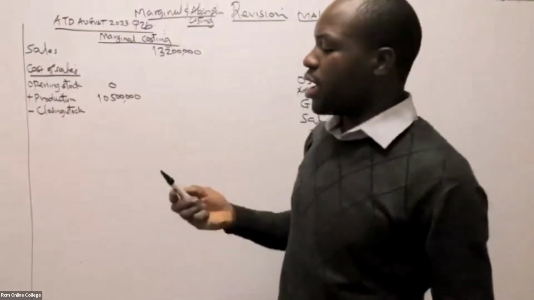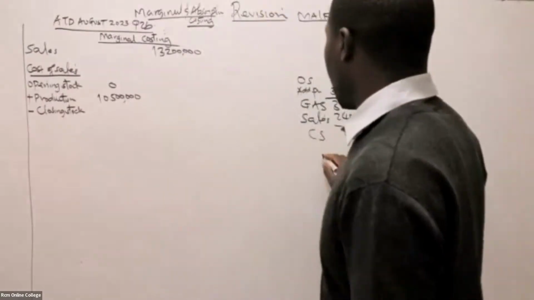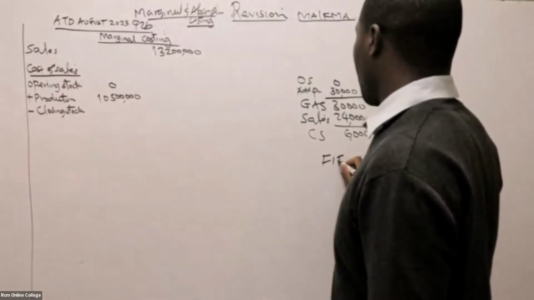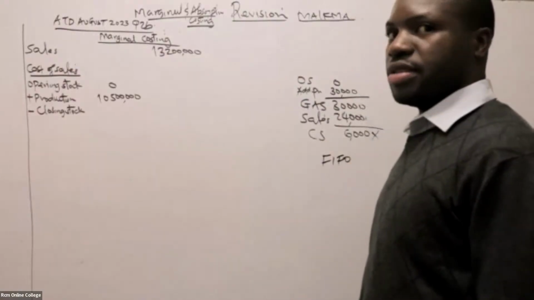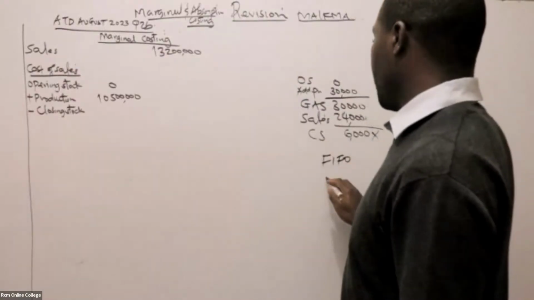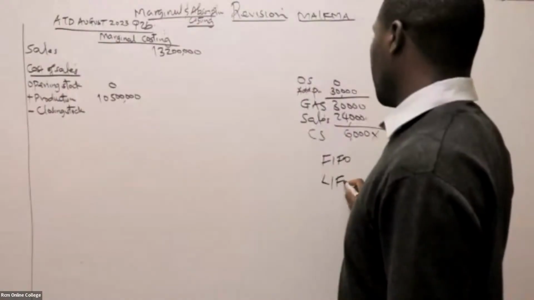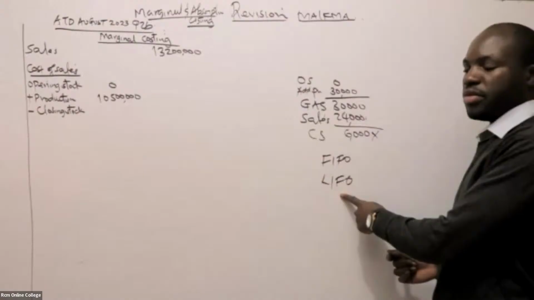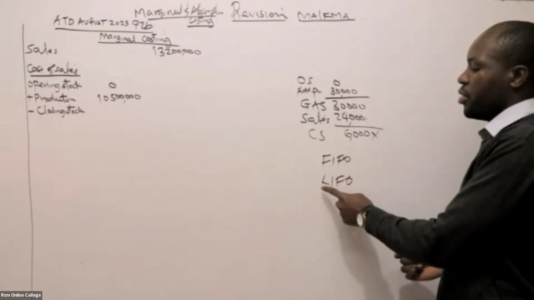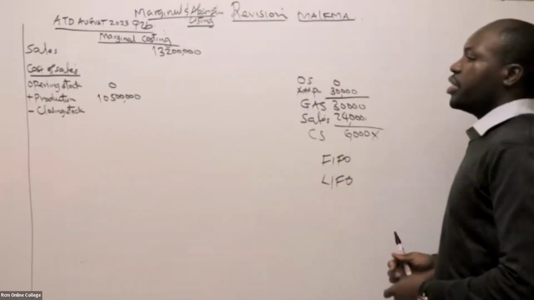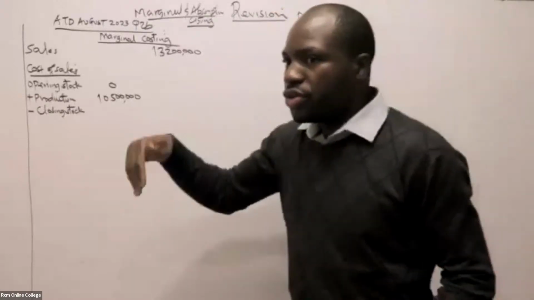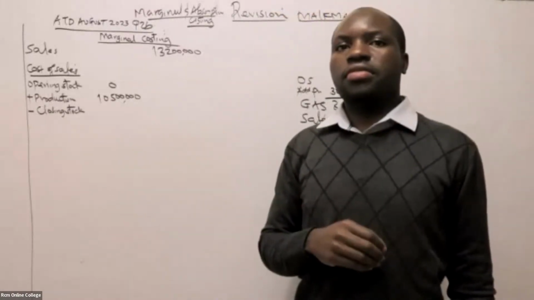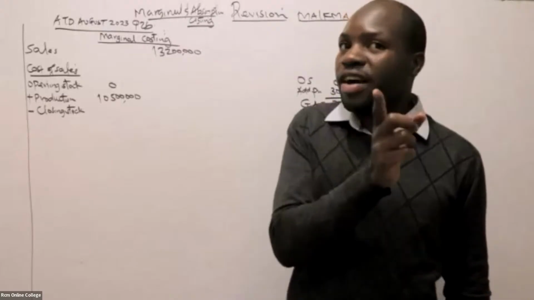Then they tell you somewhere under additional information that the company is using the FIFO method. Or they try to complicate things a little bit and tell you the company is using what we call the LIFO method. Last in, first out. What do I mean? When you say last in, first out, it means whatever was produced during the year will be sold first.